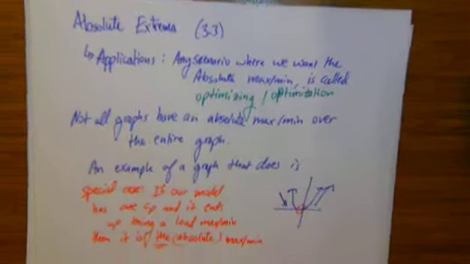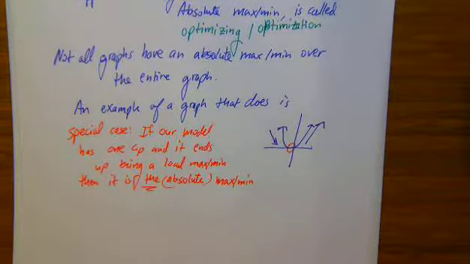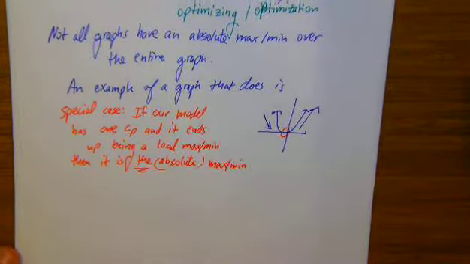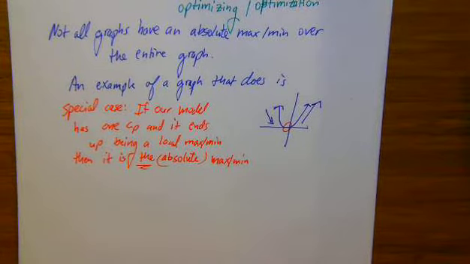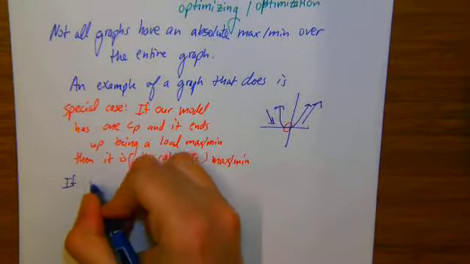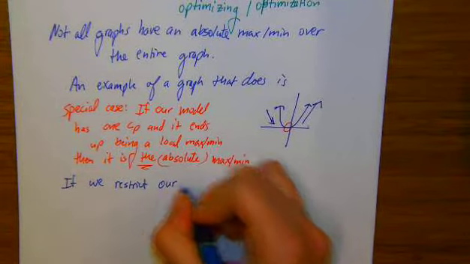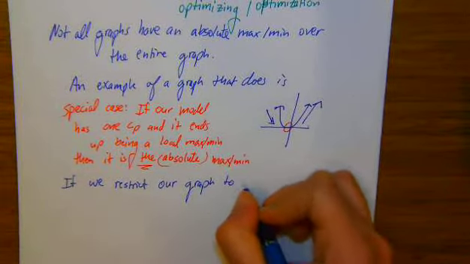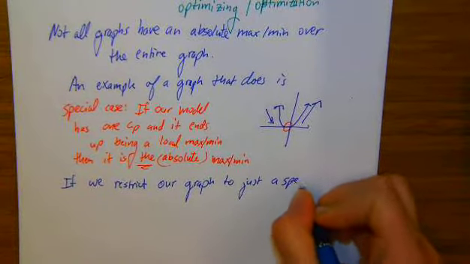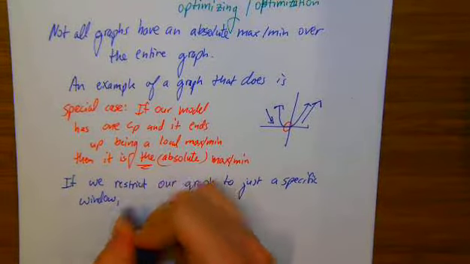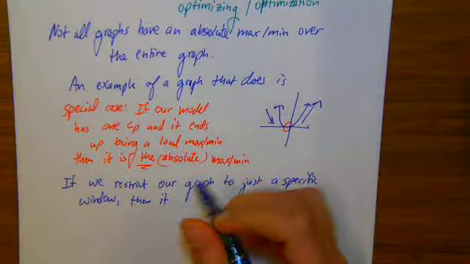Alright. Okay, but let's say we don't have that special case of something that has an absolute min over the whole graph. We said if we're just looking at a specific window, then we know where it does have an absolute max or min. If we restrict our graph to just a specific window, then it will have an absolute max and min.